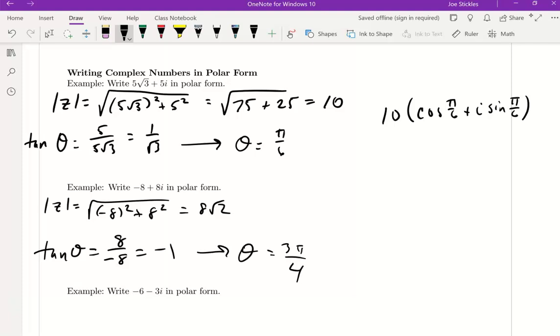So how would we write our complex number in polar form here? Yep, good. Exactly right.